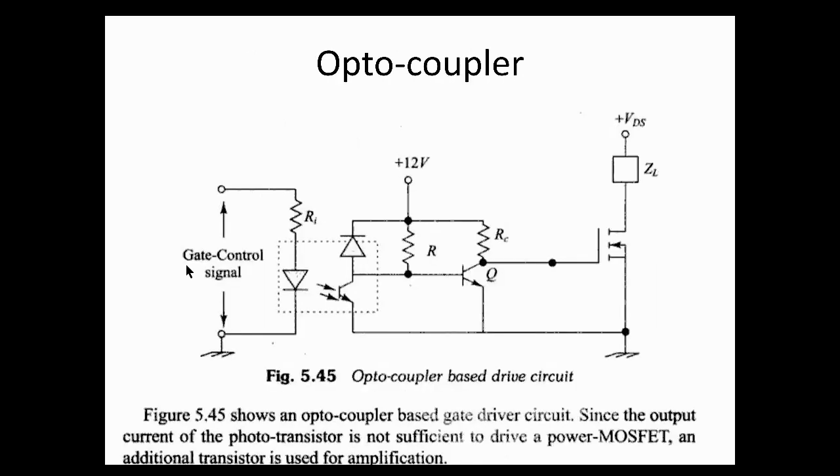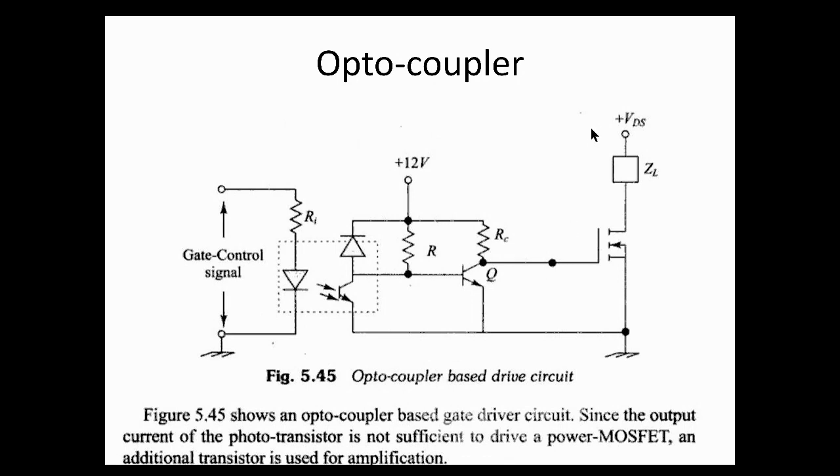All right, so you can look at this circuit. So here, this part is our opto-isolator. This is our drive. So this will form our drive circuit for this switch.